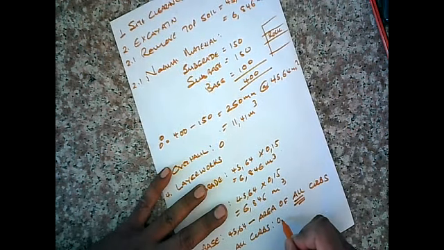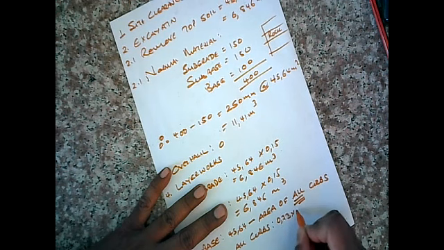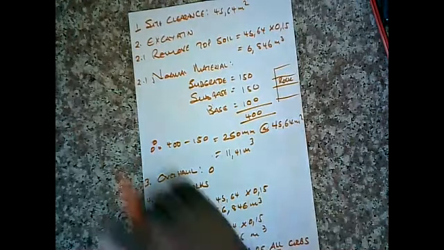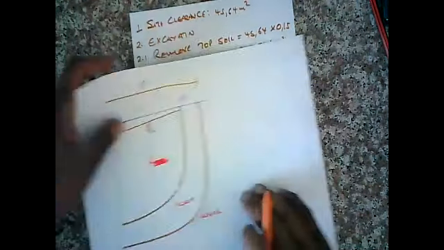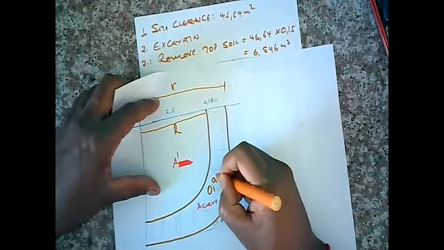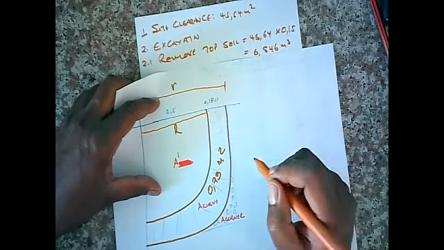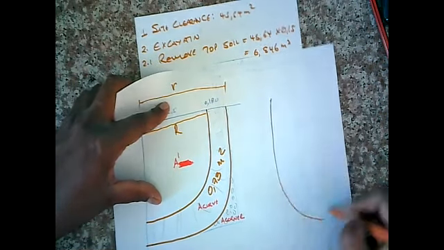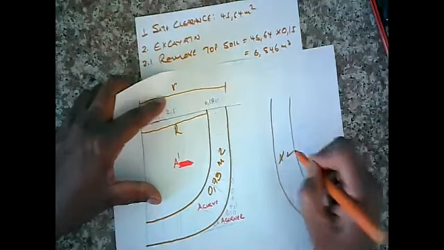All right, 0.73 times 2. Remember, we found this area here. We found this to be 0.73 meters squared. So there's another one on this side, so times 2.